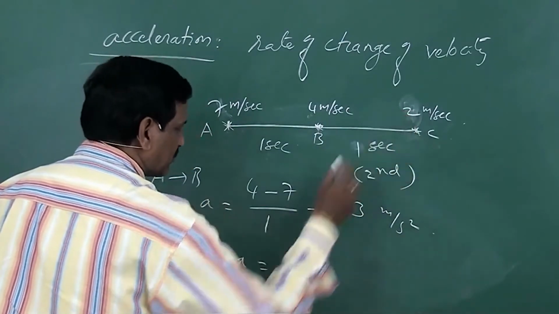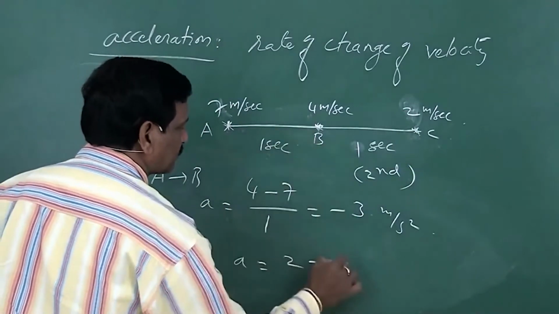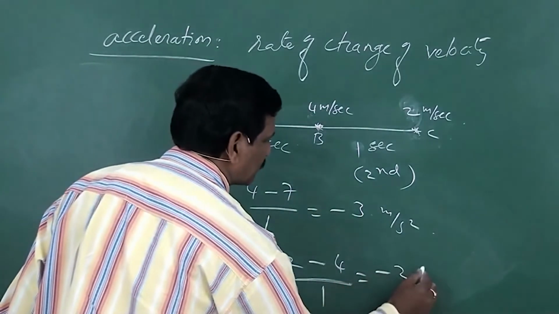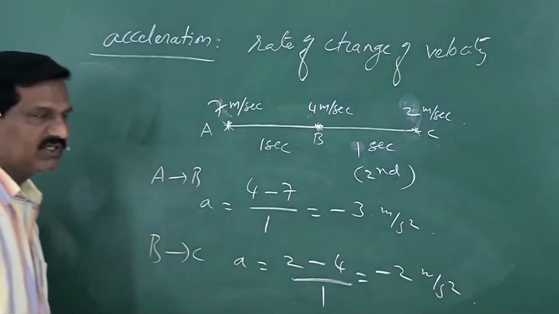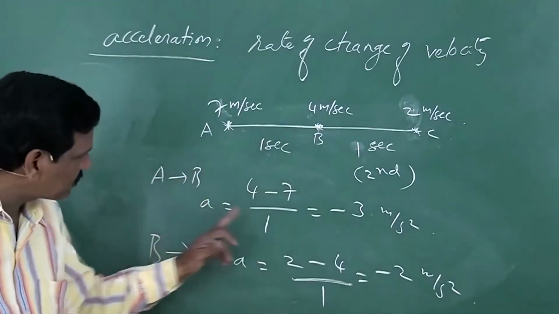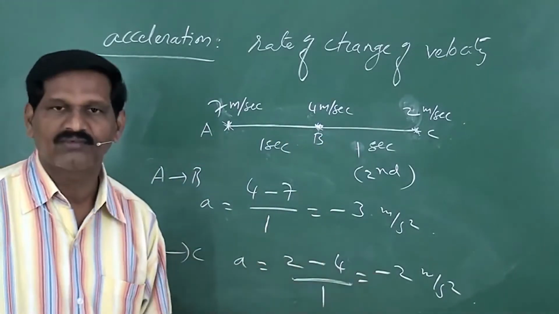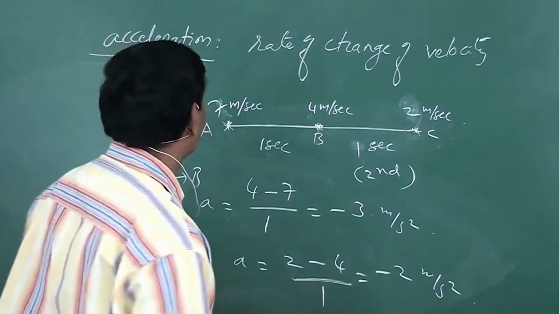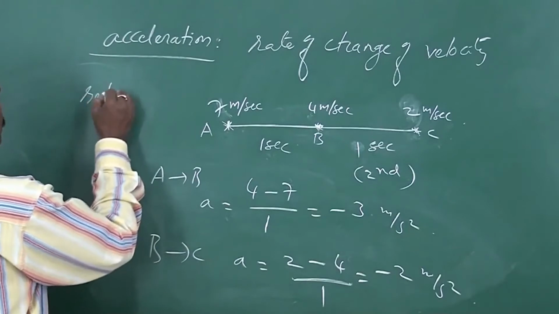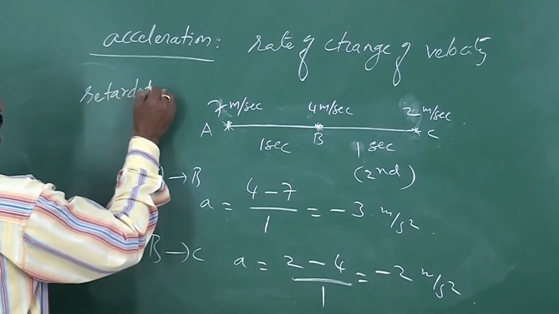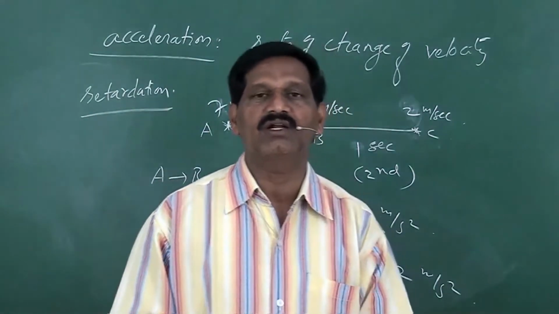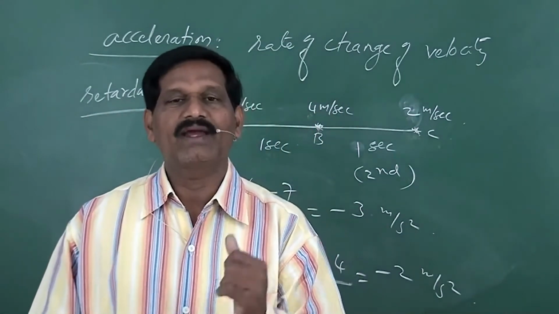So final velocity 2 minus initial velocity 4, by time interval 1. So this is minus 2 meter per second square. So in this case, acceleration becomes negative. Negative acceleration is called retardation. So when velocity decreases, you say that the body gets retarded.